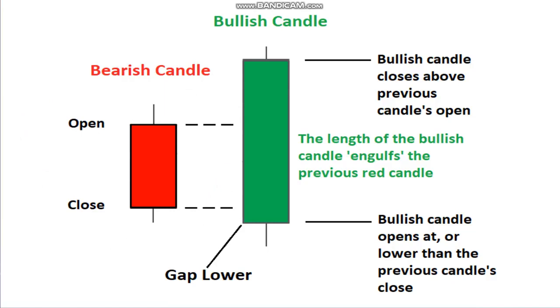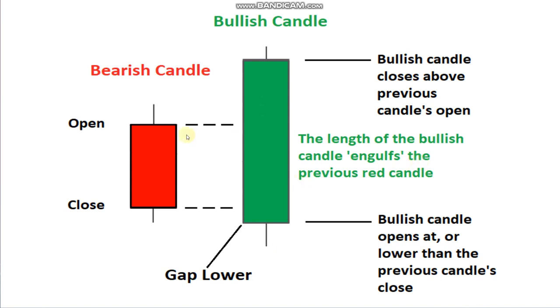So what are the conditions? The conditions are: the bullish candle closes above the previous candle's open. So this is the opening price of the red candle, and the bullish candle should close above the opening price of the red candle. The length of the bullish candle engulfs the previous red candle.